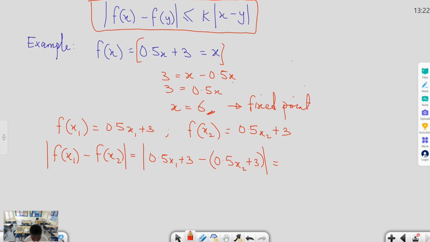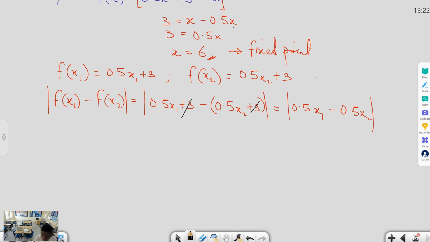When we work this out further, you will have 0.5 x1 minus 0.5 x2. Of course, the 3s take themselves out once you expand the brackets. Factorizing 0.5, you have 0.5 times x1 minus x2.